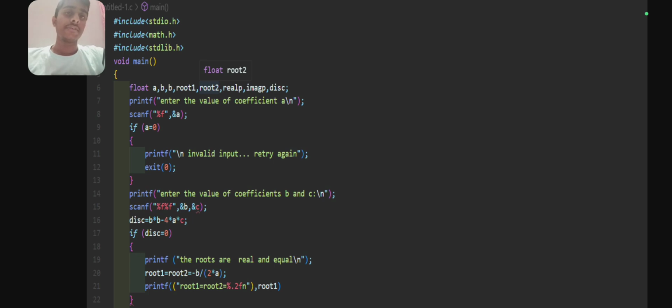If a is equal to 0, then printf invalid input, retry again, and we should exit. Next we print enter the values of coefficients b and c. There are two float values, therefore there will be two percent f, with ampersand b and ampersand c.